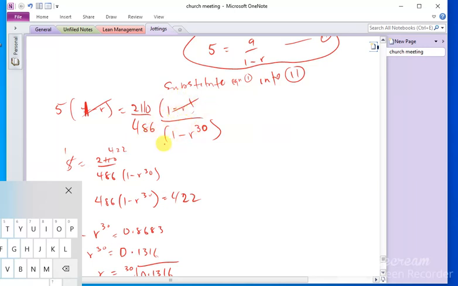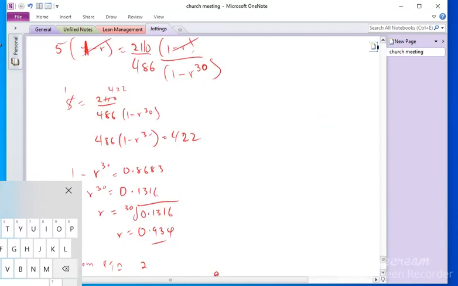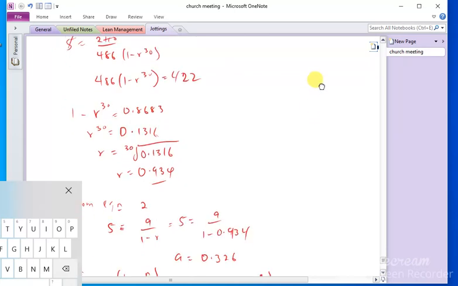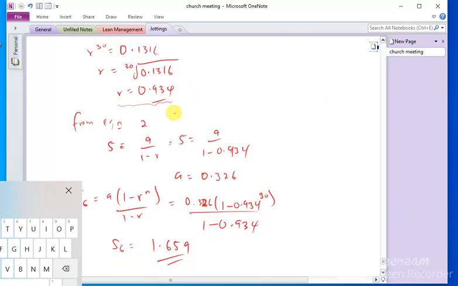When you cross multiply, 1 minus r to the power 30 equals 0.8683. Then the 30th root of 0.1316 gives the common ratio to be 0.934.